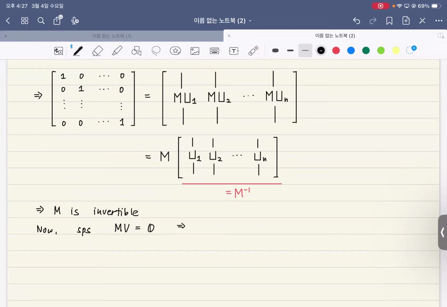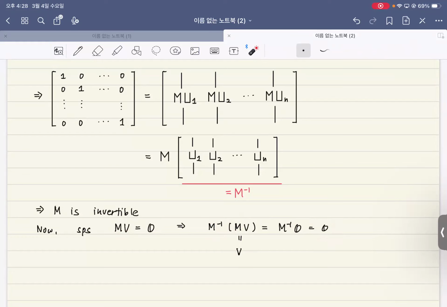Then I multiply the inverse matrix of M to both sides of this equation. Multiplying any matrix by the 0 vector is still going to be the 0 vector. And this is M inverse times M, which is the identity matrix. So this is v. Therefore, Mv equal to 0 implies v equals the 0 vector. So the proof is that.